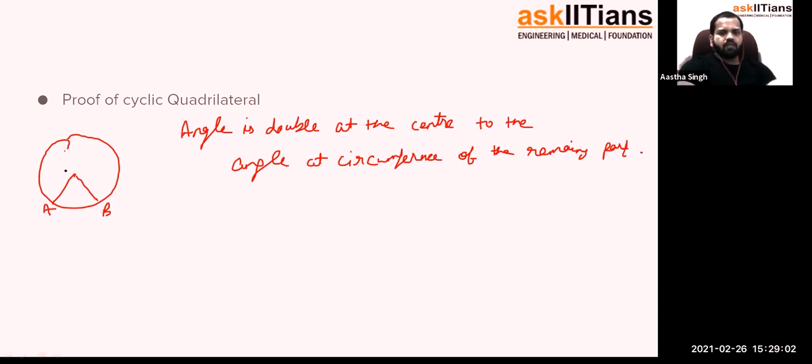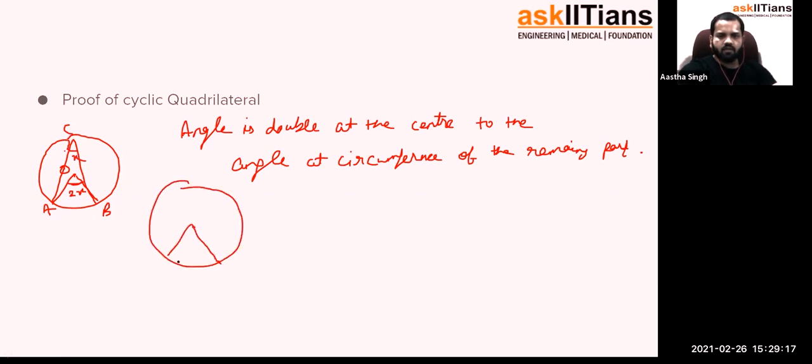The point is if this angle at O is 2x, then the angle at any point on the circumference will be equal to x. Let me give you an example. The circle is there, and any arc AB forms an angle of about 110 at the center.